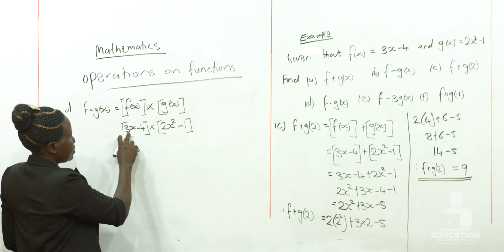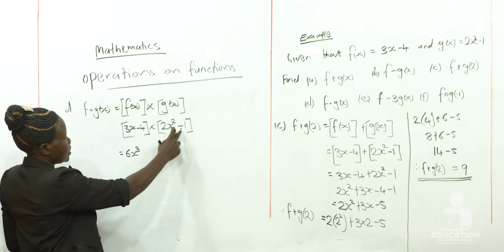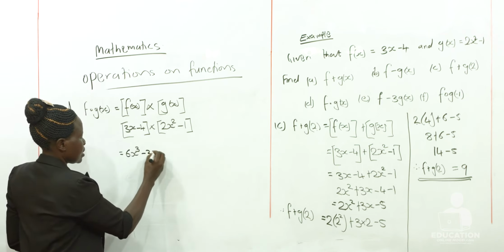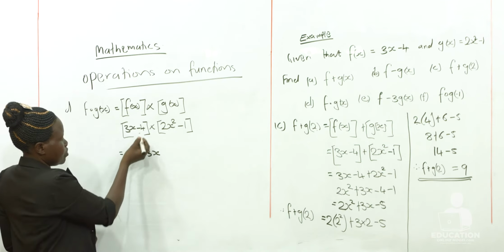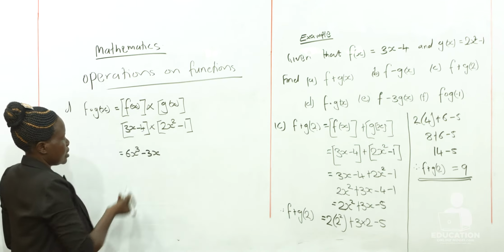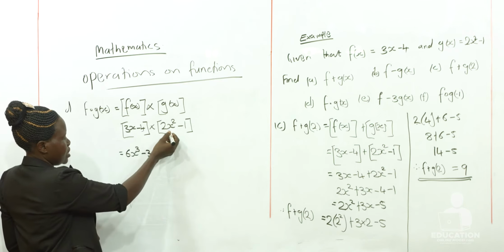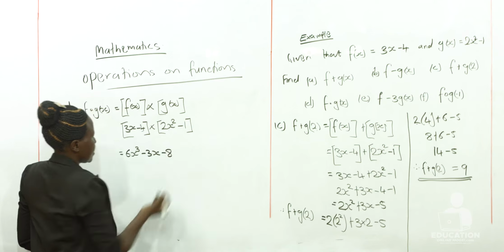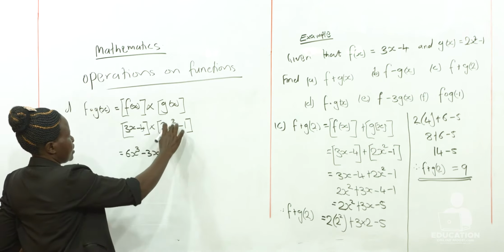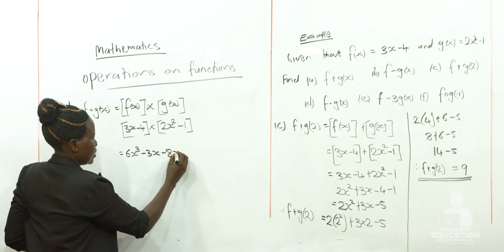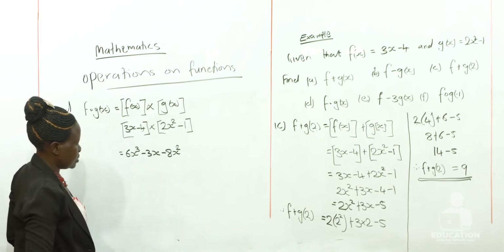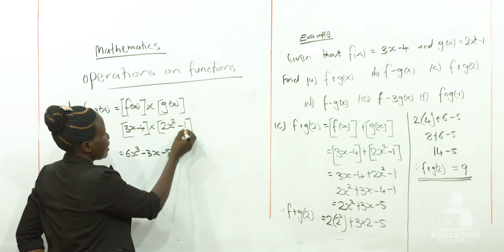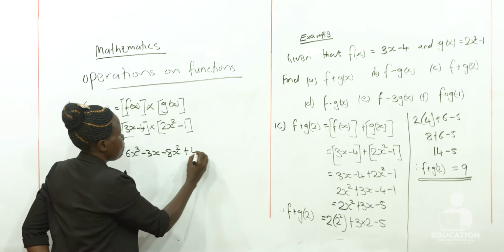And then we have 3x times negative 1, we get negative 3x. Then we move to the second number, negative 4 times 2x square, we get negative 8x square. And then negative 4 times negative 1, we get positive 4.